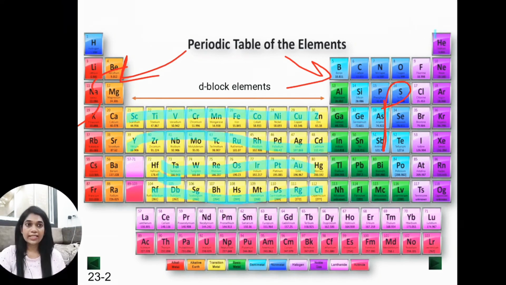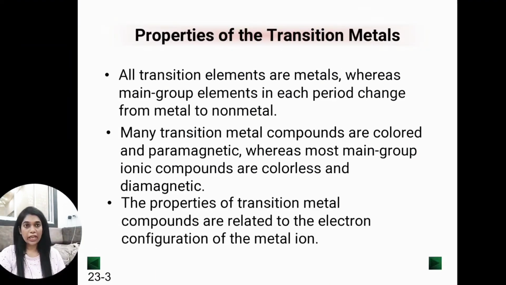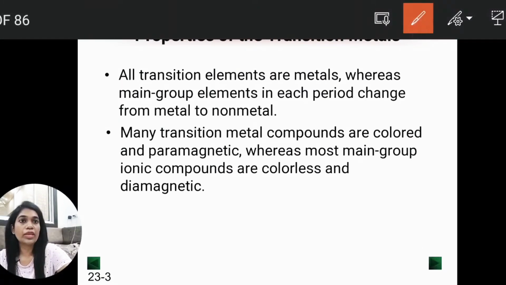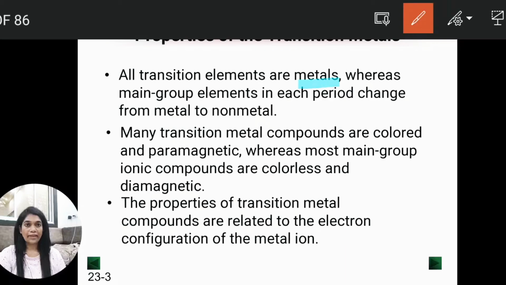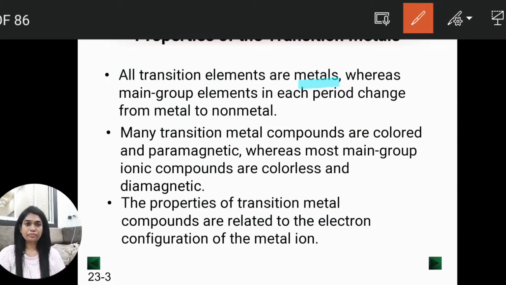Now let's see the properties of these elements. The d block elements are all metals. Many transition elements show different types of colors.